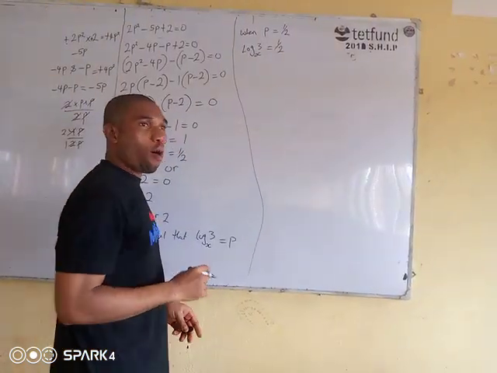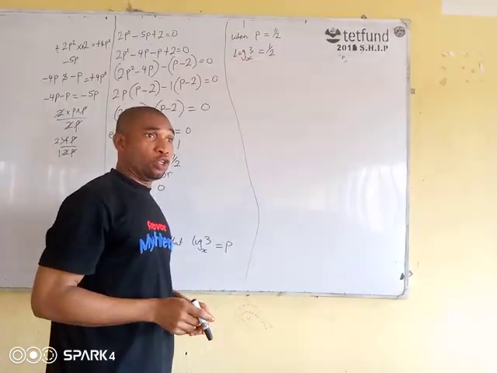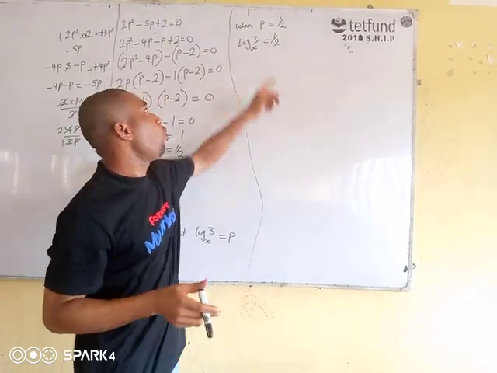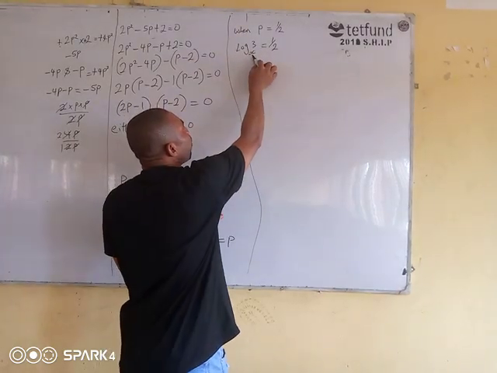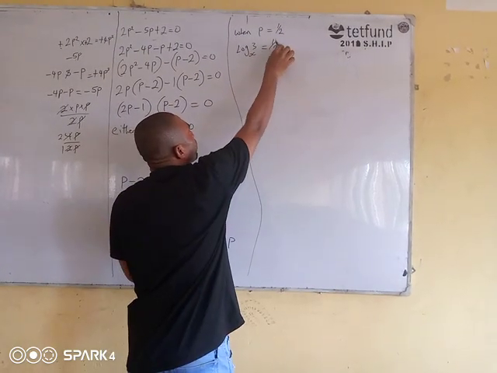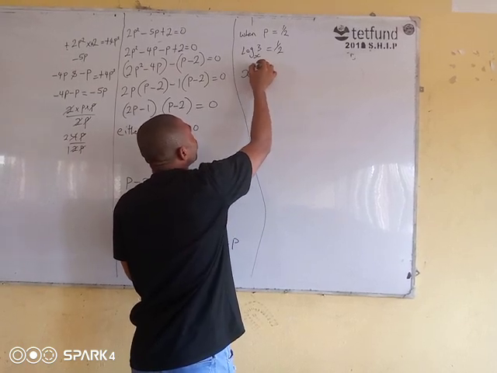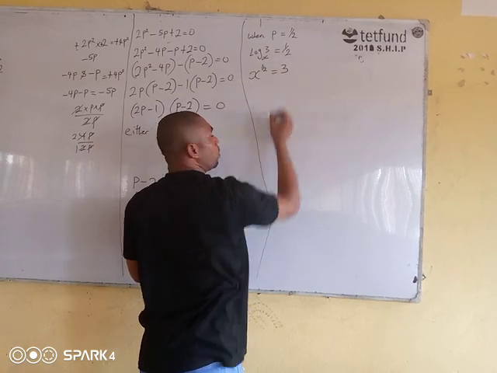Now, recall from the definition of logarithm, the logarithm of a number n to a given base is that power to which the base will be raised to equal this number. Meaning, this base here will be raised to this 1 over 2. I'm going to have x raised to power 1 over 2 is now equal to 3.